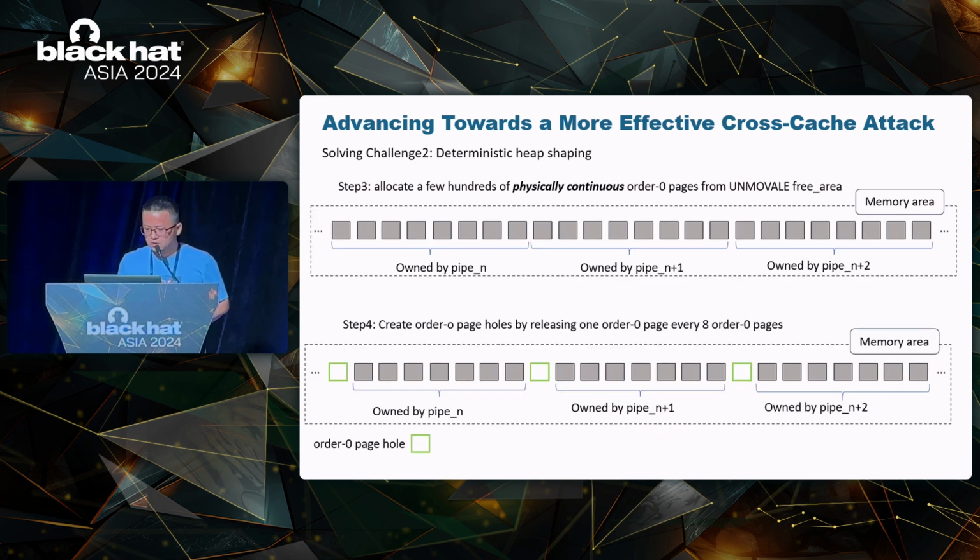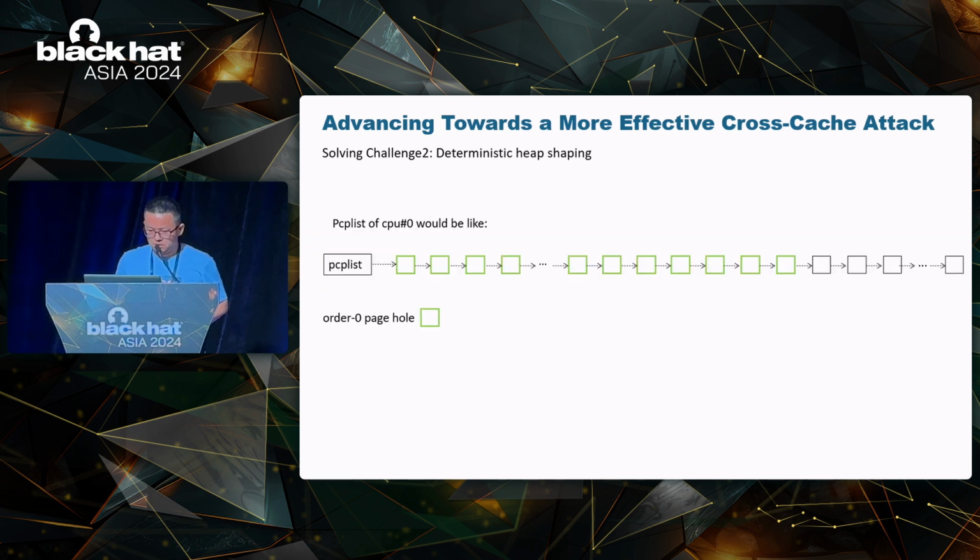In step 4, we create order 0 page holes by releasing 1 order 0 page for every 8 order 0 pages. After step 4, the PCP list of CPU 0 would be like this. As you can see, there are many order 0 page holes in PCP list.